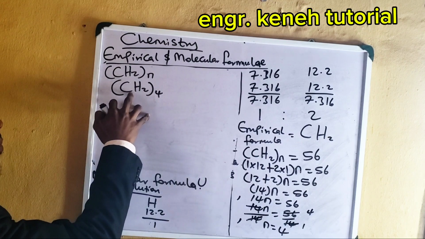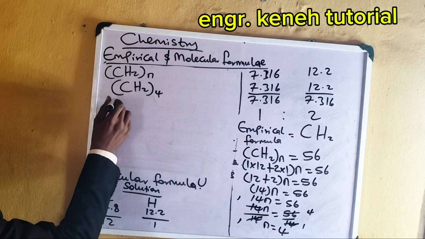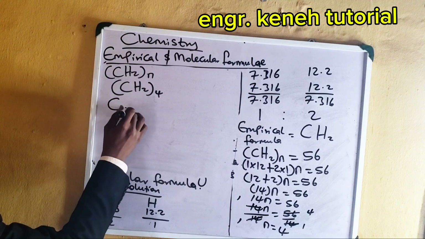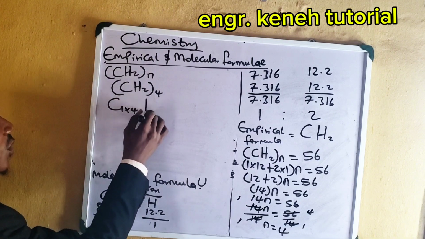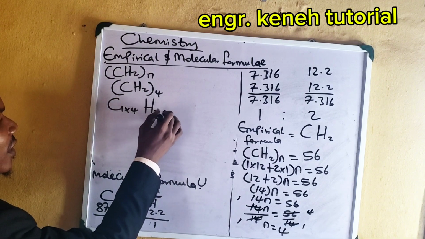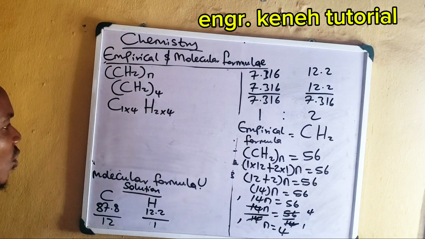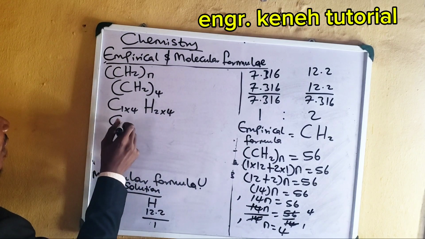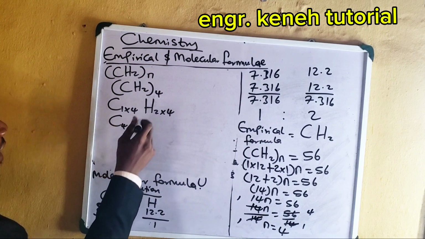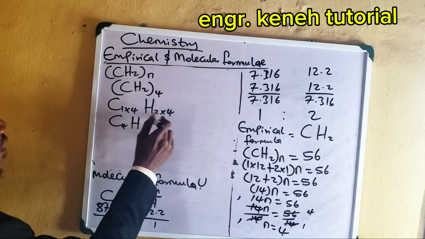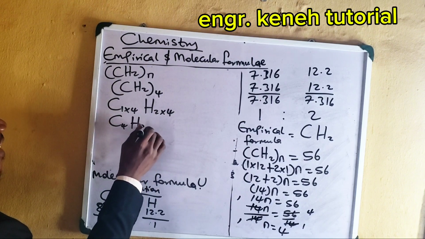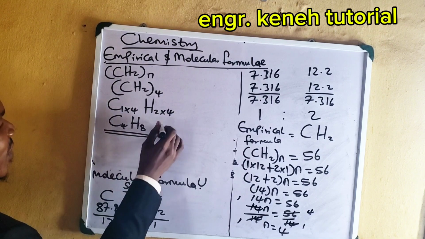So I'll use the 4 to multiply this and use it to multiply that. So 1 times 4 will give me 4, and 2 times 4 will give me 8.